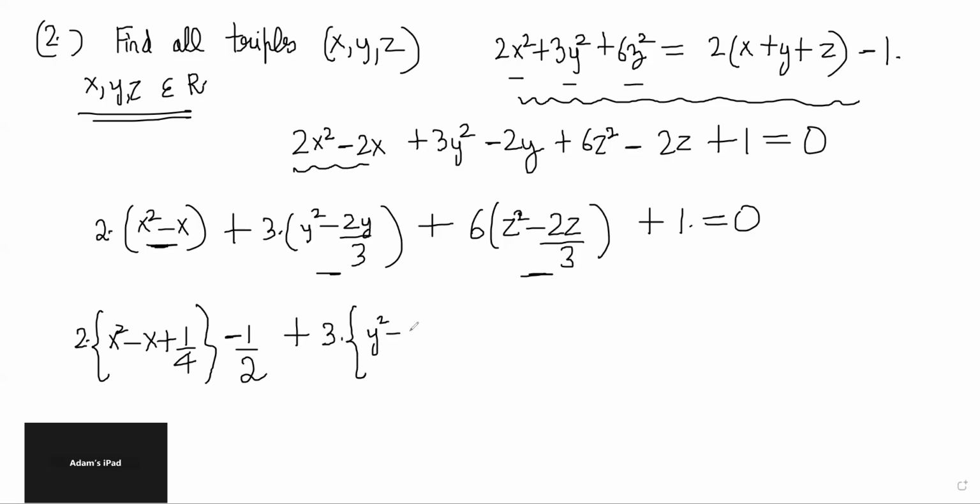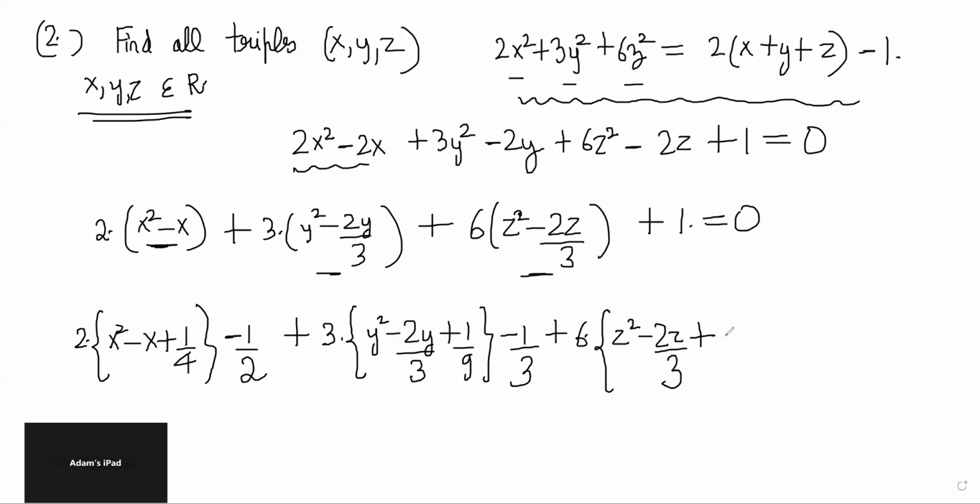Then here, y square minus 2y by 3, I need to add a plus 1 by 9 minus 1 by 9, right? So minus 1 by 9 can come out and become a minus 1 by 3. Then plus 6, z square minus 2z by 3 plus 1 by 9, I need a minus 1 by 9, and minus 1 by 9 into 6.